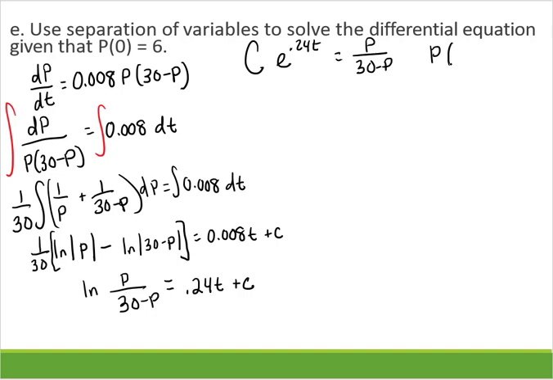So now I'm going to use my initial condition of 0, 6, and I get K to be, not K, in my notes it's K. Here, it is the number C. So we get that equation.